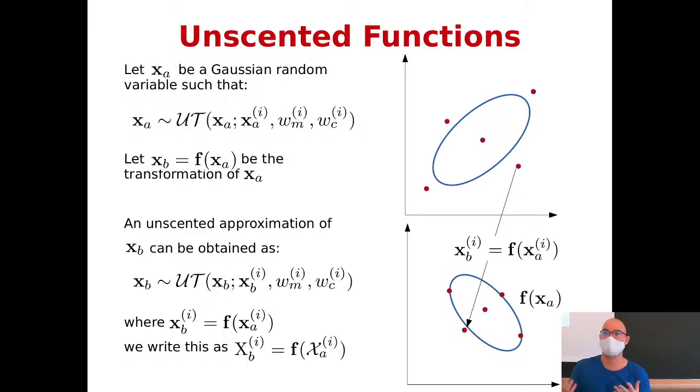But this is nothing else than what we were doing when we were linearizing a nonlinear function. And in case the function f is an affine transform, then the unscented transformation is completely equivalent. This operation here will return you points that are guaranteed to represent a proper Gaussian distribution. So you don't have a loss.